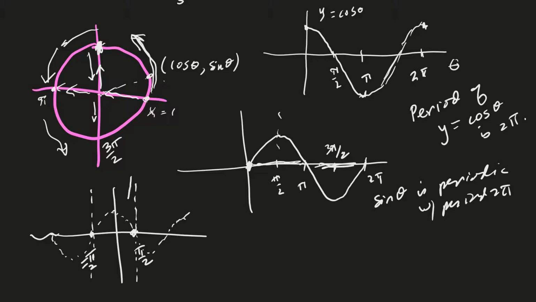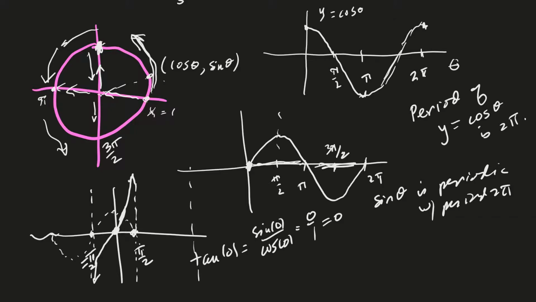And then in between, we're going to verify this later, it looks something like this. Remember, the tangent of 0 is the sine of 0 over cosine of 0, which is 0 over 1. Okay, so it goes through that point. Good. So what you're seeing here is that this graph is going to be repeating itself now every pi units, and so the period of the tangent is pi.